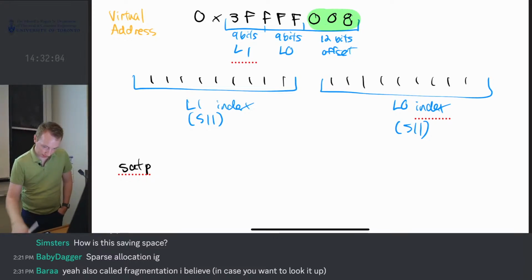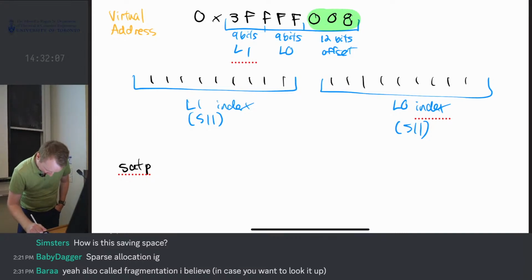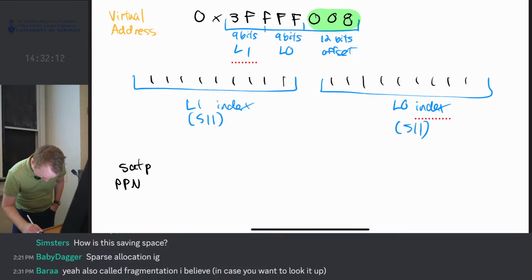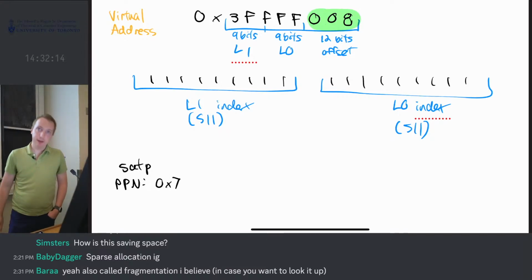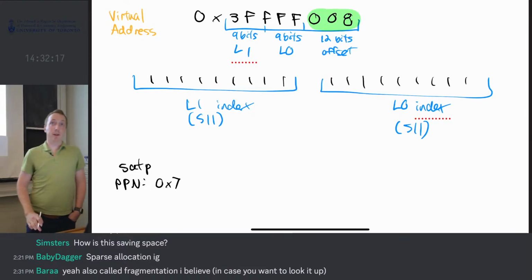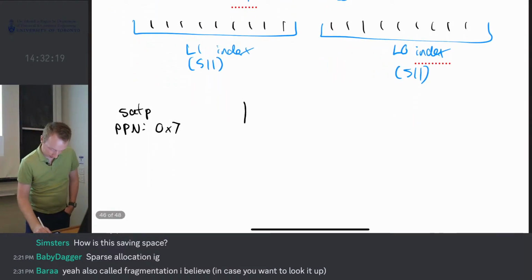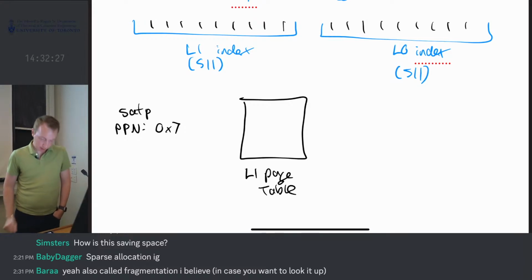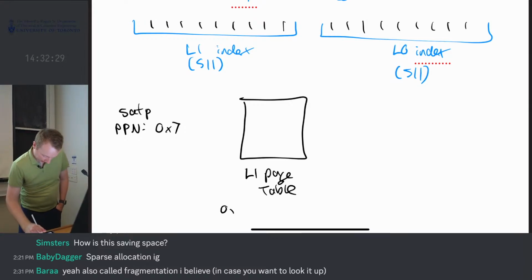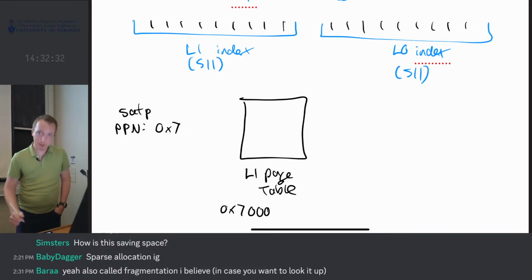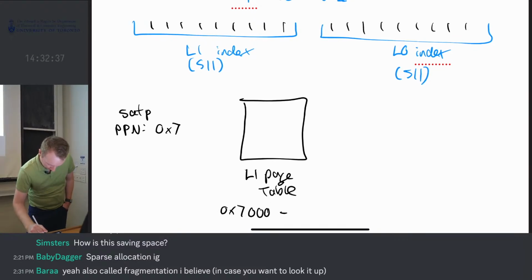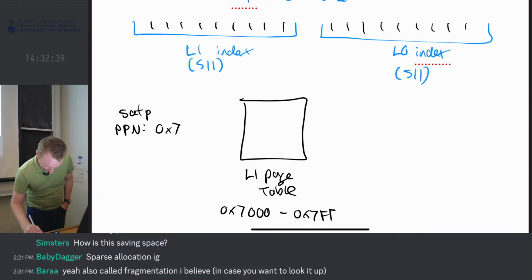So it would say something like, I don't know, say it's at physical page number 7. So if it's at physical page number 7, that means our fancy L1 page table here starts at address 7000 because that would be the beginning of a page, and it would go to address 7FFF.